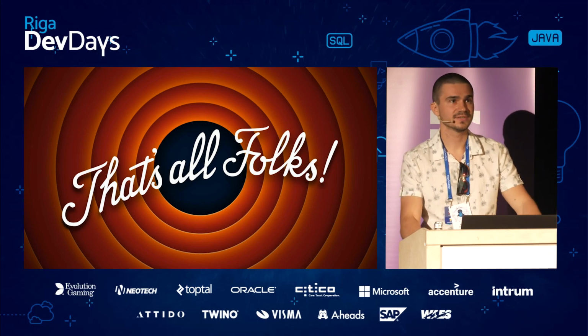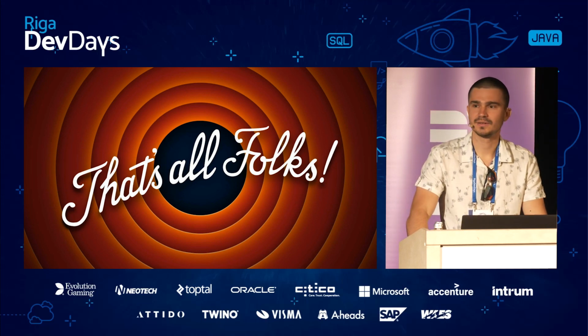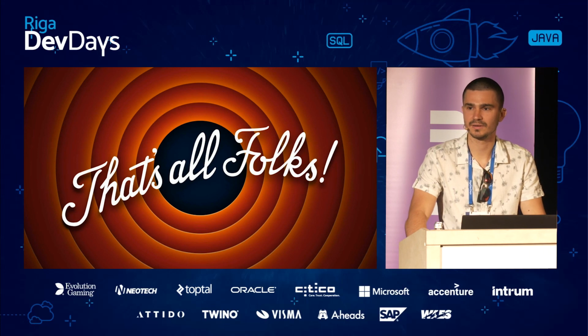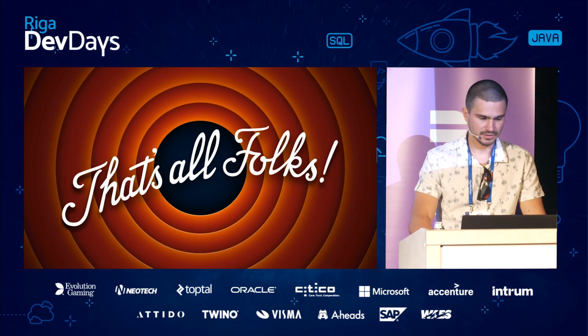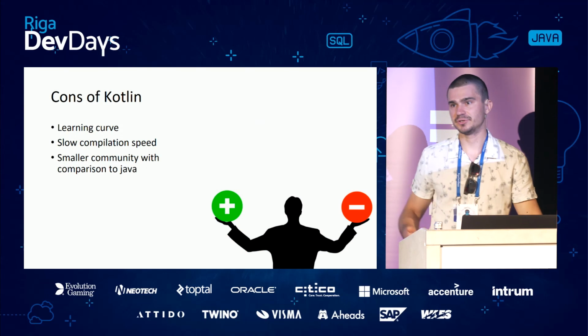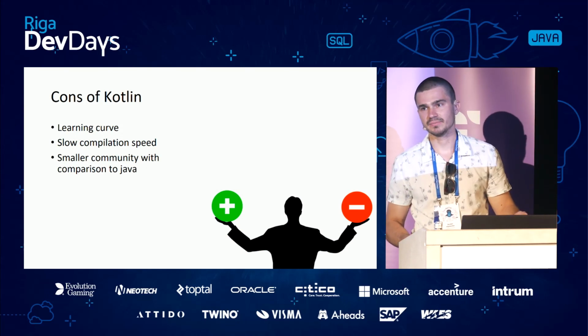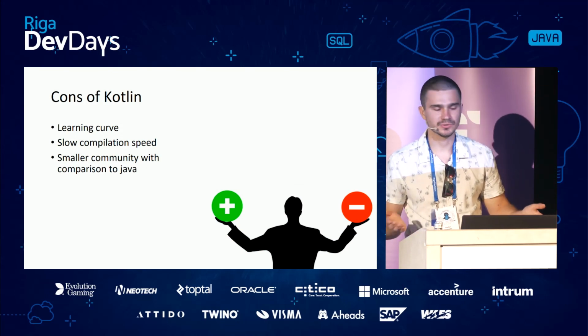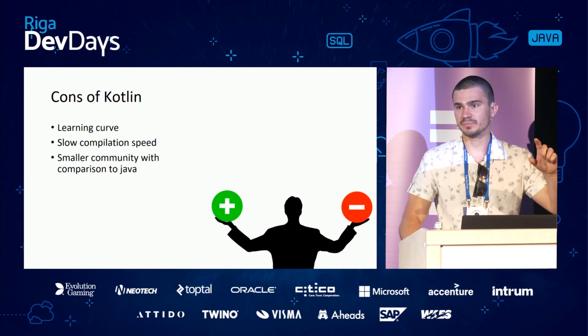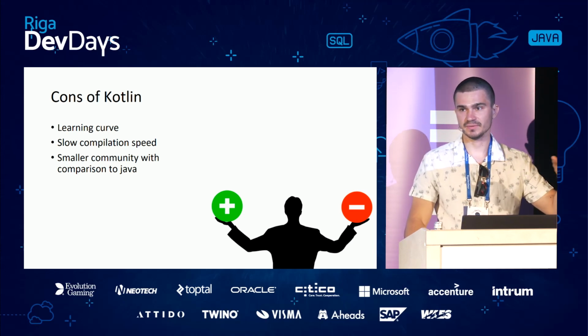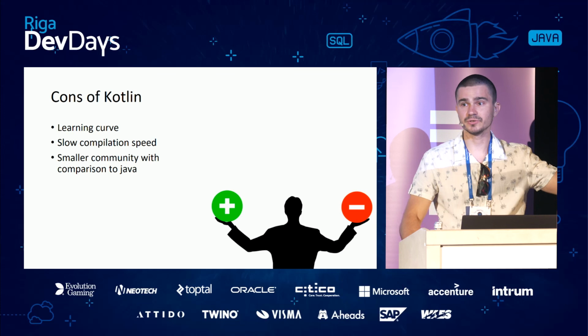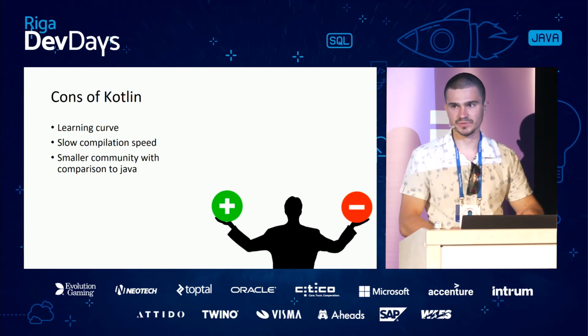Any questions, please? Maybe go through the negatives of Kotlin in 2 words. Actually, you need to learn a new language. It's simple, but you need to do it. The compilation speed is slower compared to Java, but not as slow as Scala, for example. So it's in the middle.